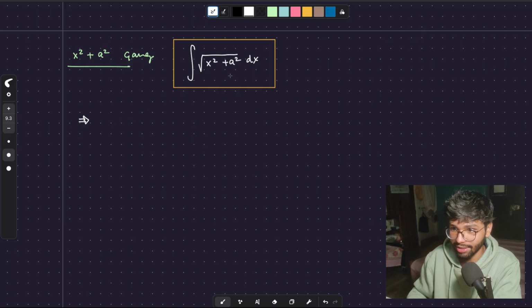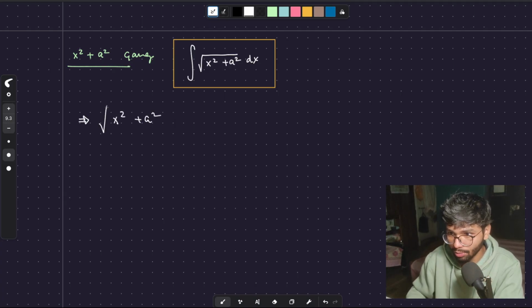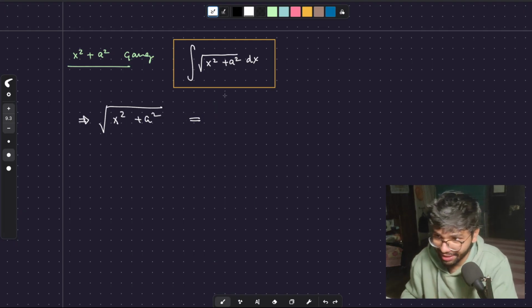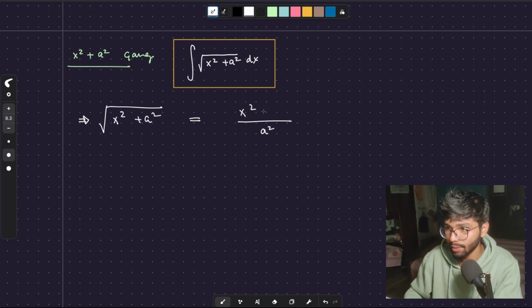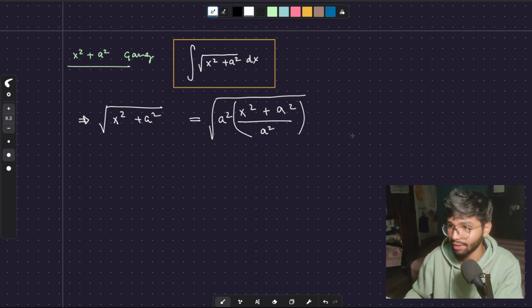Great. So let me focus on just the polynomial now. We have x squared plus a squared, and again we're going to divide both sides by a squared and multiply by a squared so that things are conserved.